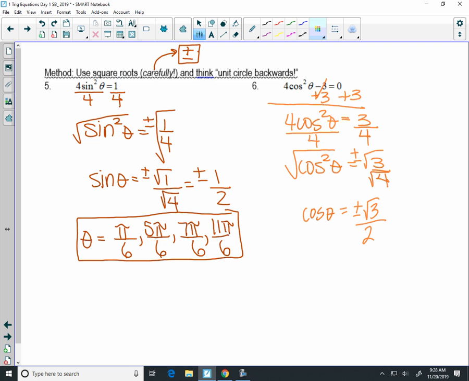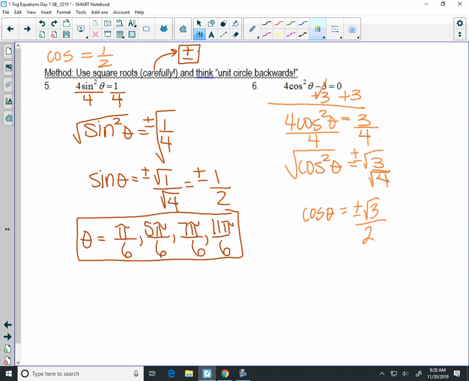I feel like sometimes the thing that gets left out of these problems is the variable. You guys are doing a really nice job hanging in there with the thetas right now. When you start to get a little more confident and write faster, don't start just writing this. That doesn't mean anything. Cosine of nothing equals 1/2. That's like saying multiply equals 1/2, because cosine is an operator.